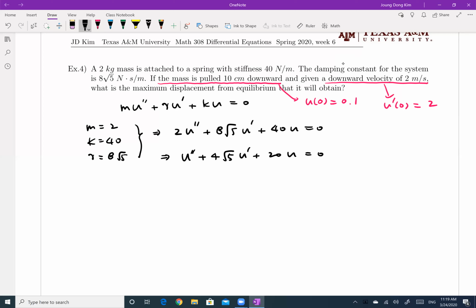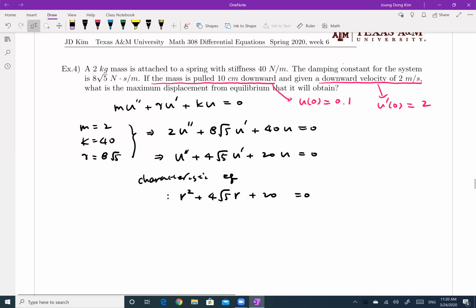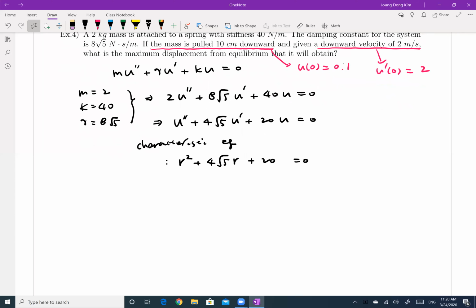This is definitely a homogeneous second order linear differential equation, so we can use the characteristic equation, which is r squared plus 4 square root of 5 r plus 20 equals 0. How can I solve this? You can use the quadratic formula, or some of you may have already realized this is a perfect square.